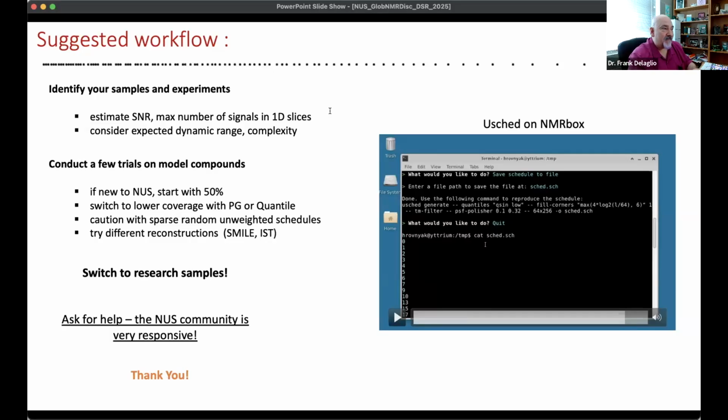And David Rovnyak talked about this a little bit in terms of the types of sampling schedules where we vary the number of scans from one point to another. So adding together different NUS data sets is the equivalent of a sampling schedule like that, where you potentially vary the number of scans.